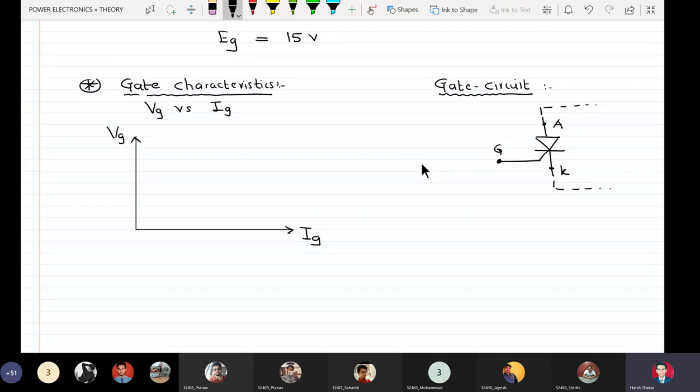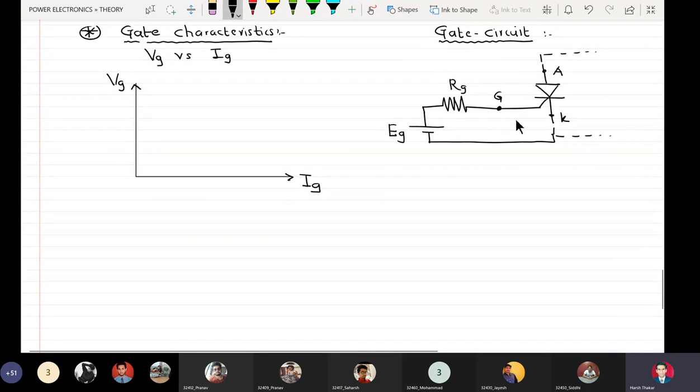Here I have one source EG, and I have what is called the source resistance RG.